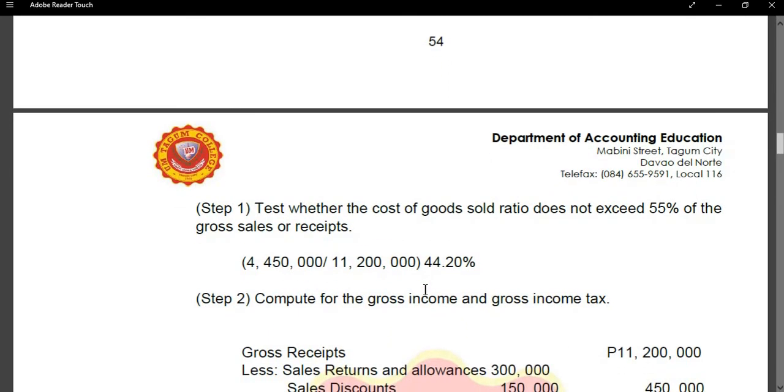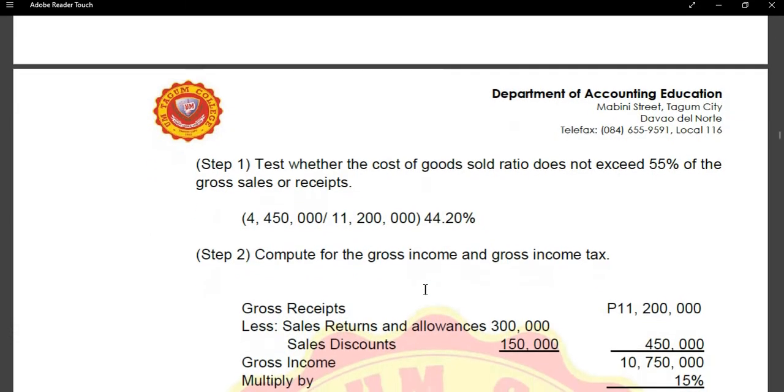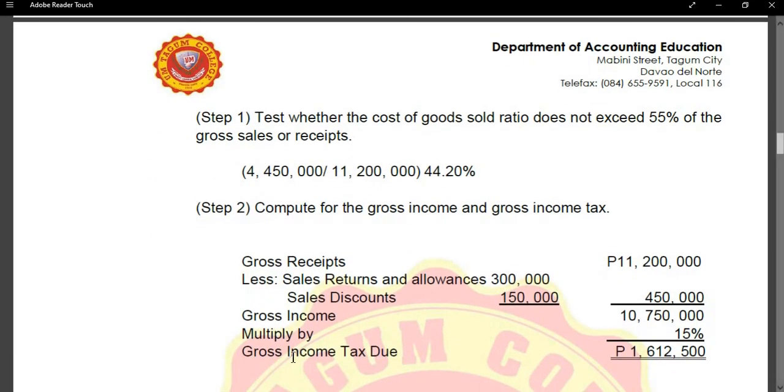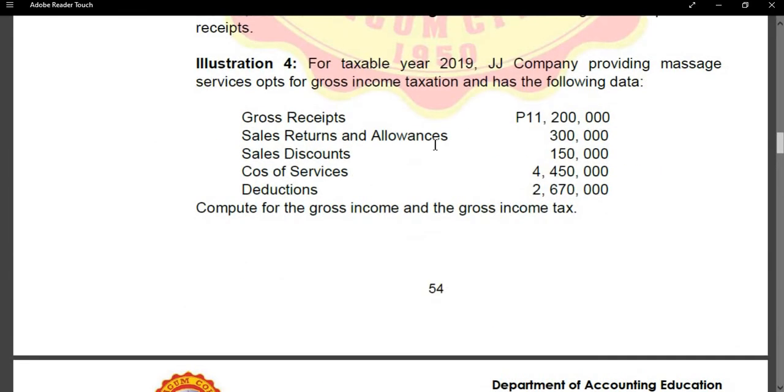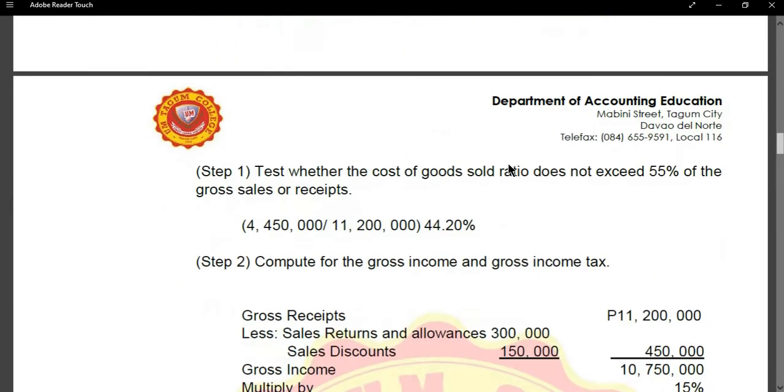So it qualifies to be taxed at gross income tax. However, in the computation of the gross income, you no longer deduct the 4,450,000 pesos cost of service.